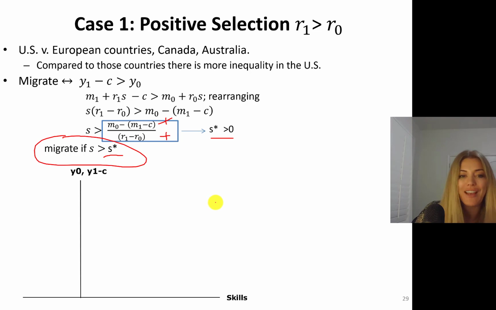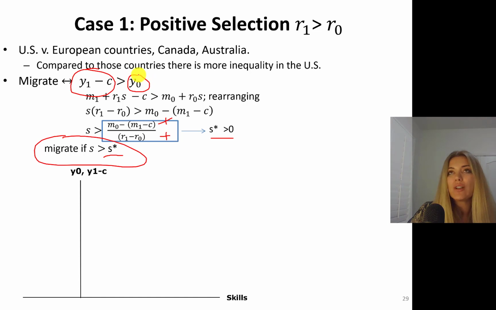So let's draw now. We're going to draw not only your return to migration net of the cost of migration, but also your return to your skills in the home country. Skills are on the x-axis, this is 0, and incomes are on the y-axis.